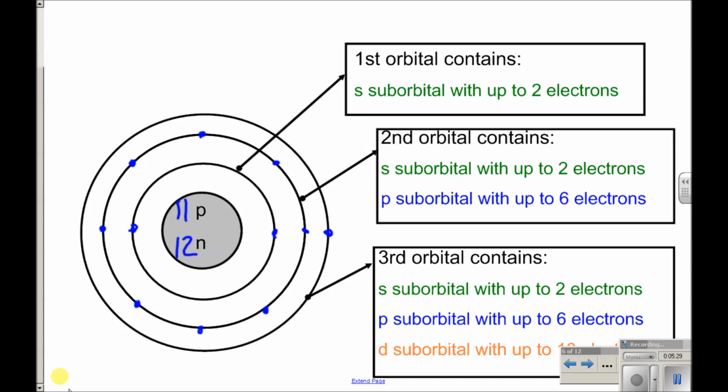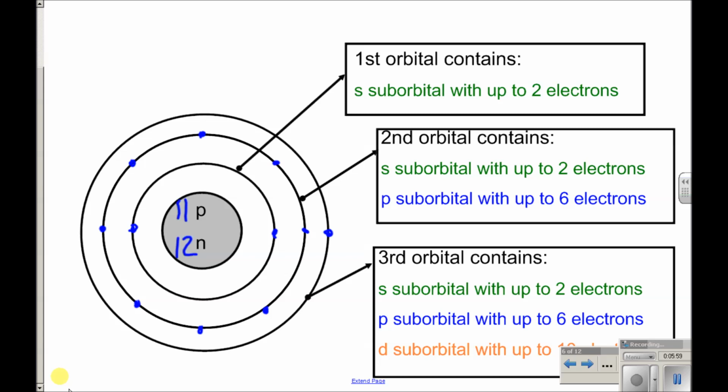They come from an s, or sphere-shaped, suborbital that can hold 2 electrons, and then a p suborbital that can hold up to 6 electrons, 2 in each of the directions that it can face. The 2 electrons in the s suborbital and the 6 electrons in the p suborbital add up to the 8 total electrons that can be in that second orbital.